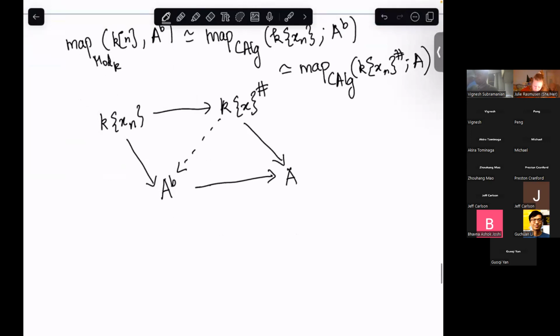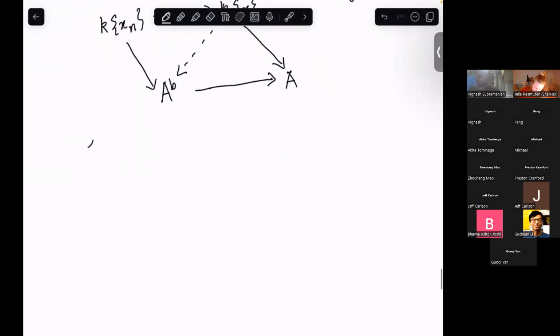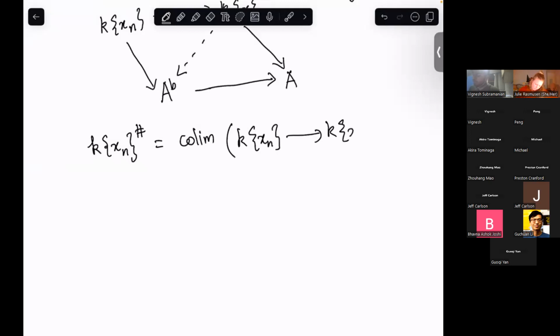I will not get into what you do here, but I can just say that in this particular case, K n of x is given as the co-limit over a bunch of K x n, which is a free algebra, so I can easily map out of it. This is given by the map which sends x n to q0 of x n.